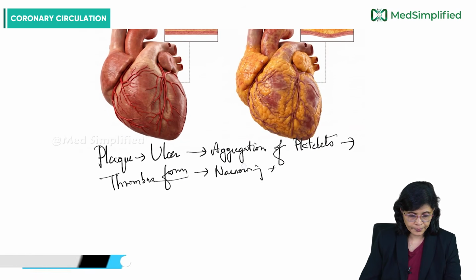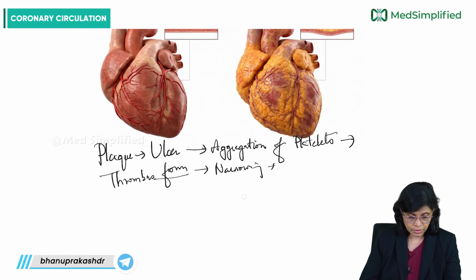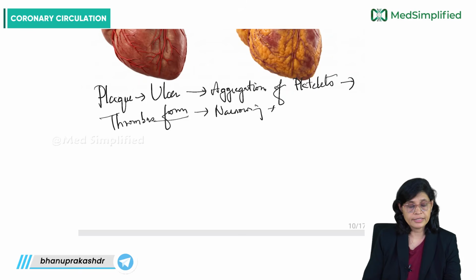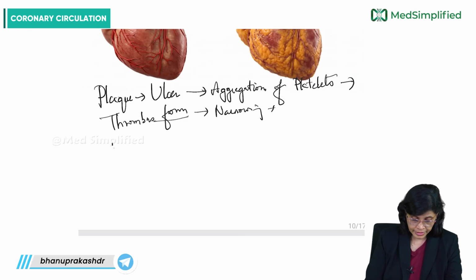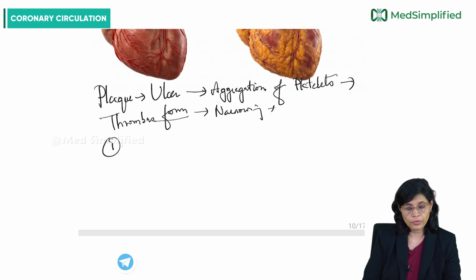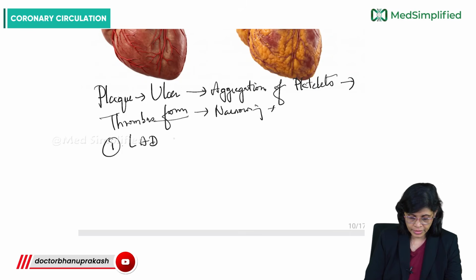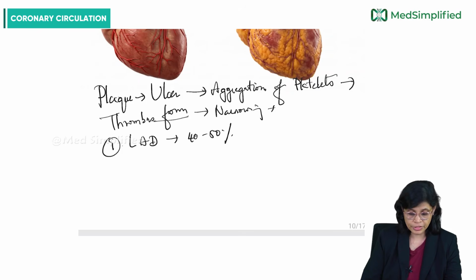Clinically, among the arteries and branches commonly affected in coronary heart disease or ischemic heart disease is the left anterior descending, or the anterior interventricular artery, a branch from the left coronary. In about 40 to 50% it is the left anterior descending which is involved.